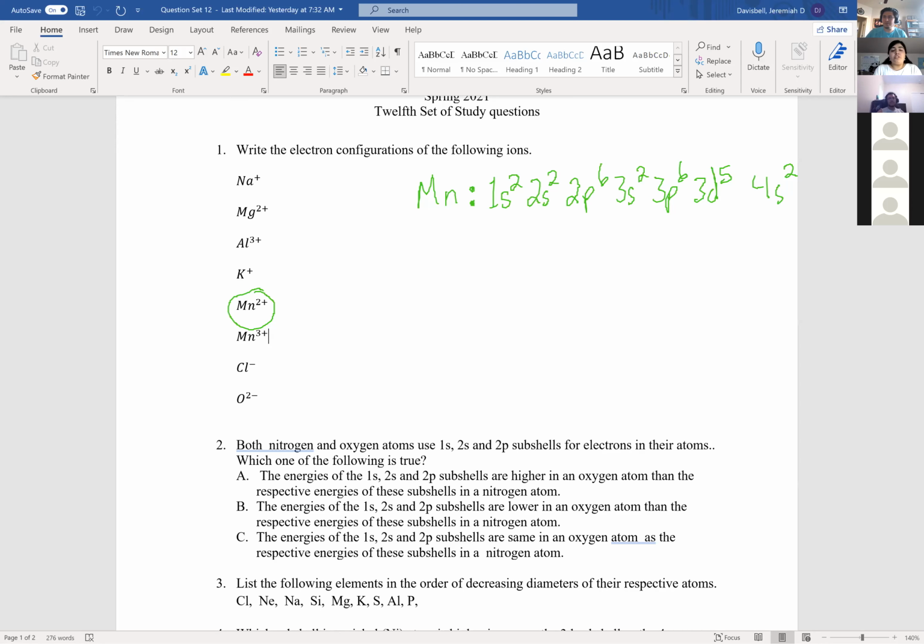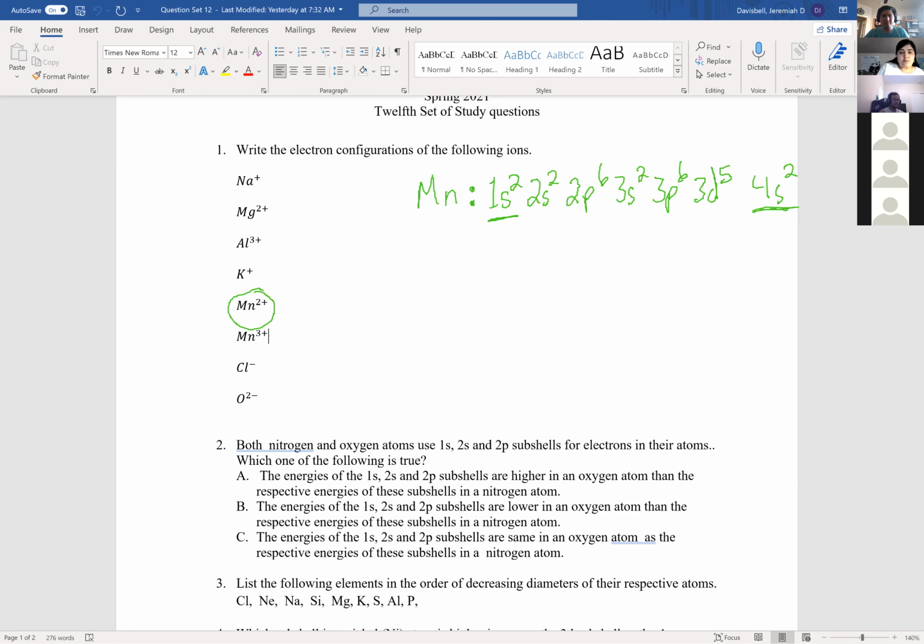So where should we take away those electrons from? Can we take them from here? No, right? So where do we need to take them out of? The 4s, right? We're going to take the electrons from our highest energy level, the one that's furthest away from the nucleus. So that's going to be our 4s.